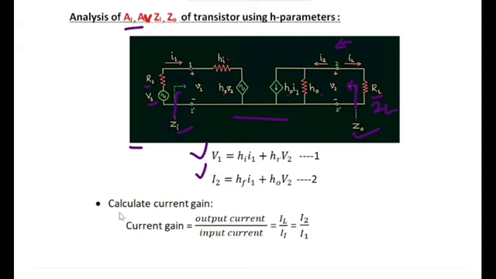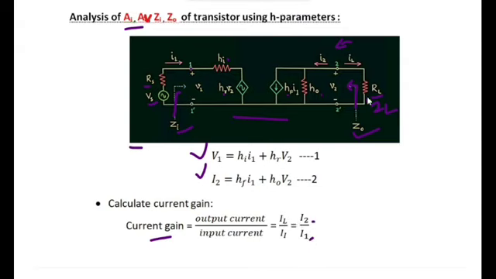First we have to calculate the current gain. What do we mean by current gain? It is the ratio of output current to input current, that is, how much current we have amplified or gained by passing through this circuit. So it is just a ratio between output and input.